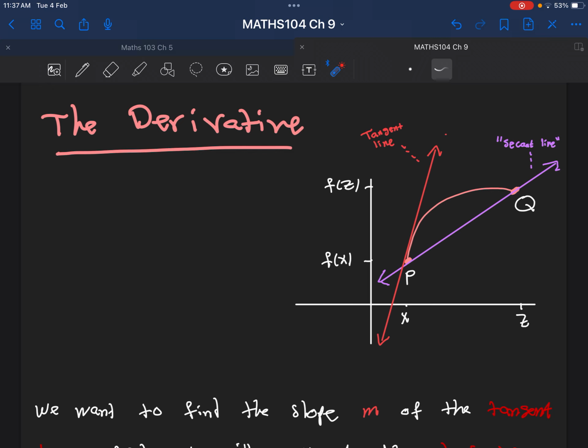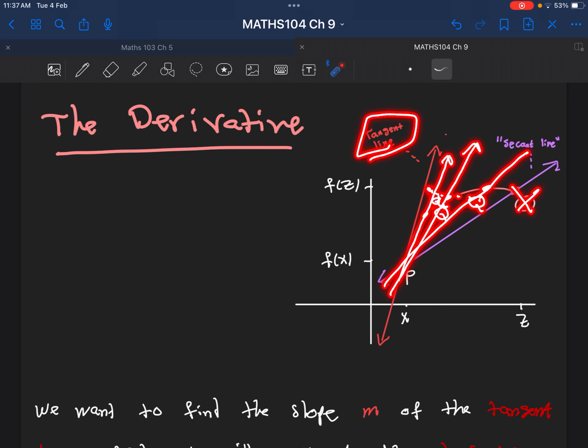Well, there is a very clever idea we can use. Can you see the slope of the secant line? Imagine I start moving Q step by step. I remove this Q and I create a new line. And then I move Q again, I get another line. Those lines are getting closer and closer to the tangent line.